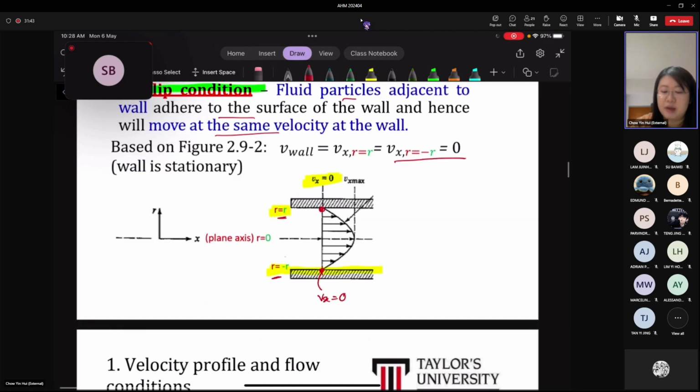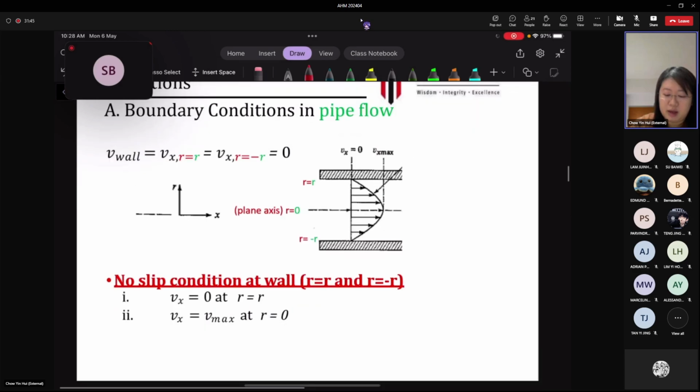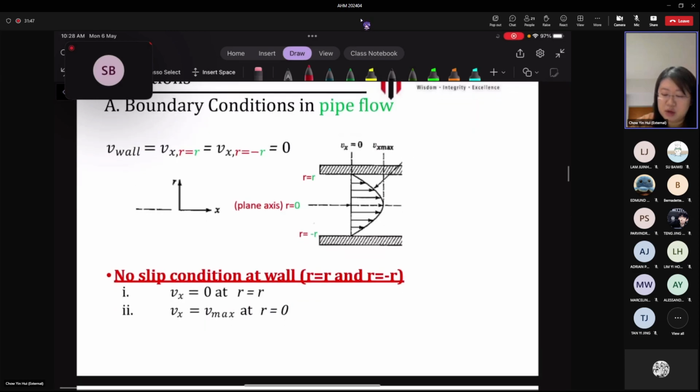I've actually talked about this just now, the no-slip condition. Here they just repeat that. At the point of symmetry, at the boundary r equals 0, which is the center of the pipe, it is at a distance far away from the pipe wall. In this case the viscous effect should be negligible.